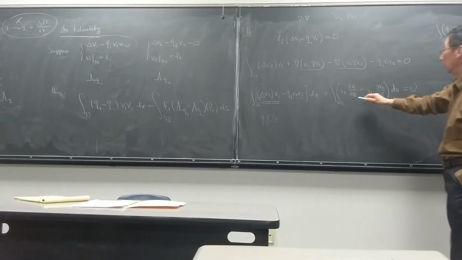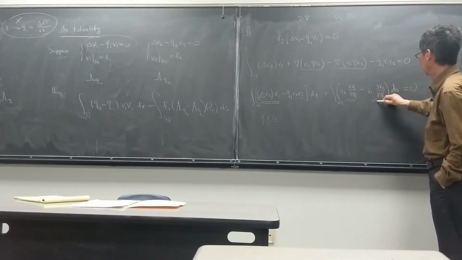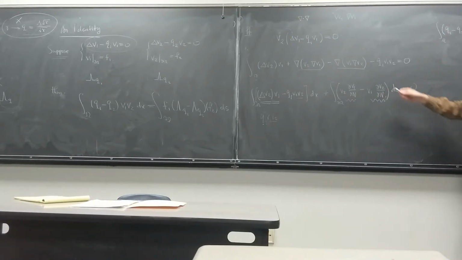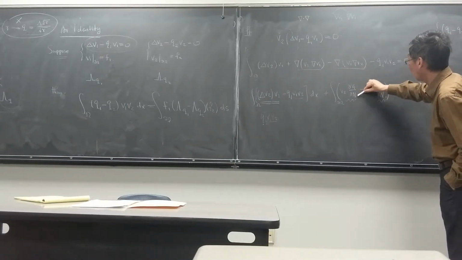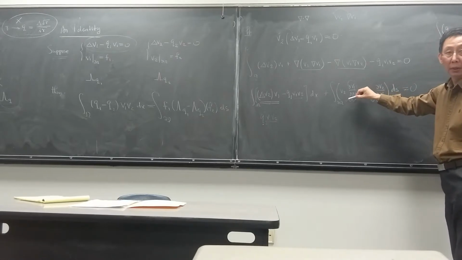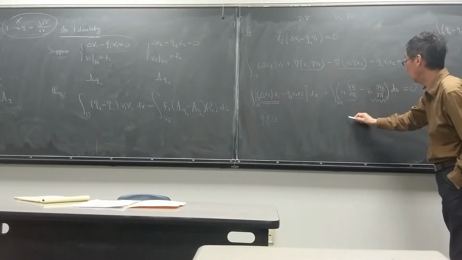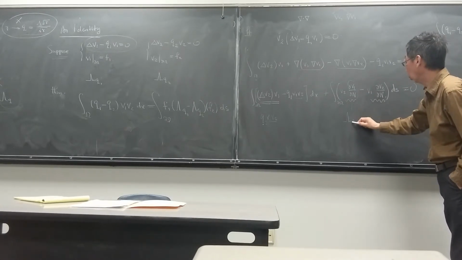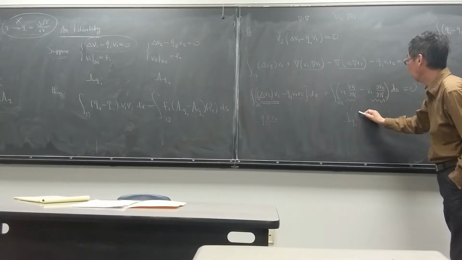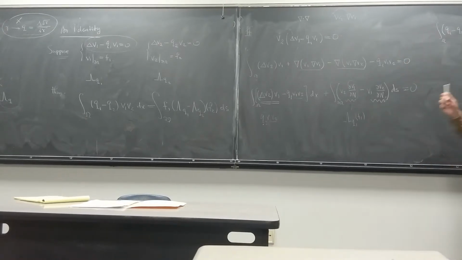Now here we have to understand this. Here, dV1/dN is the normal derivative on the boundary, which is equal to what? This is equal to lambda Q1 applied to F1, right? Okay, so here is the F2. Once reduced to the boundary, V2 reduces to F2.